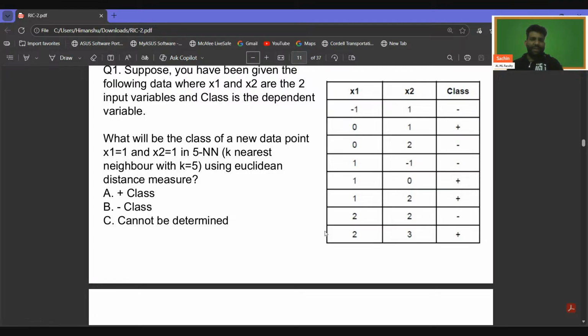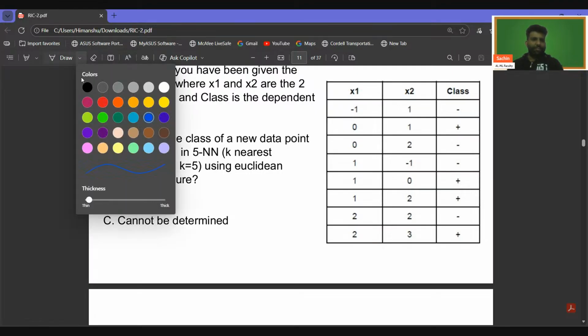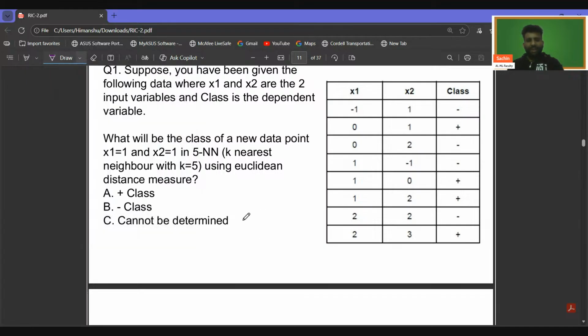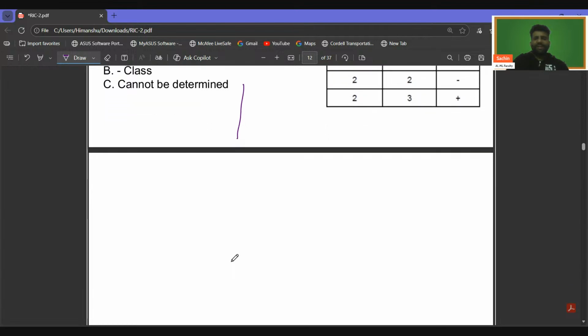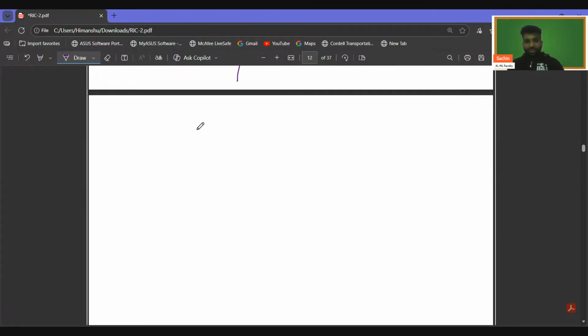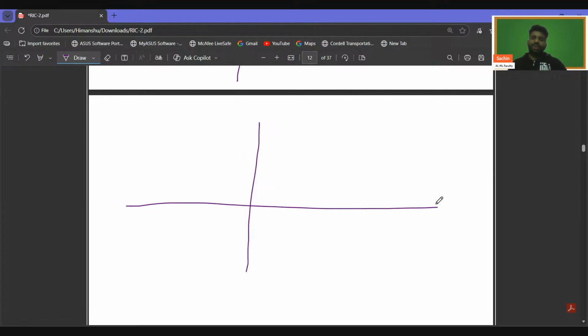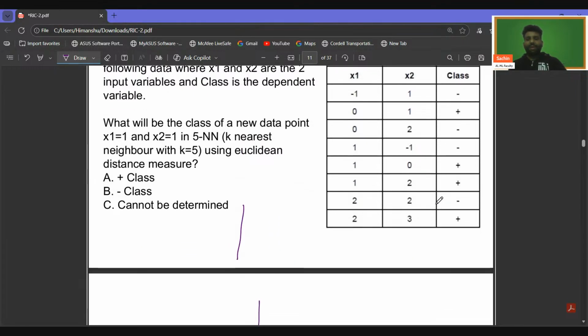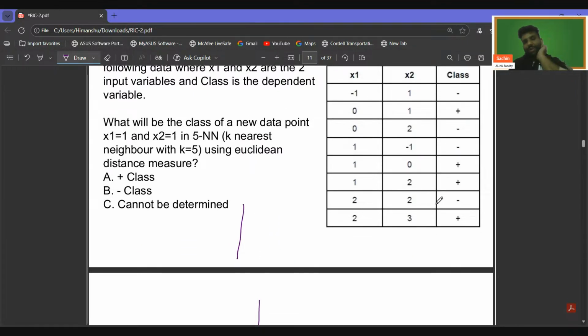Let me consider the next slide, that would be better. The data points we are having are x2 in between -1 to 3 and -1 to 2.